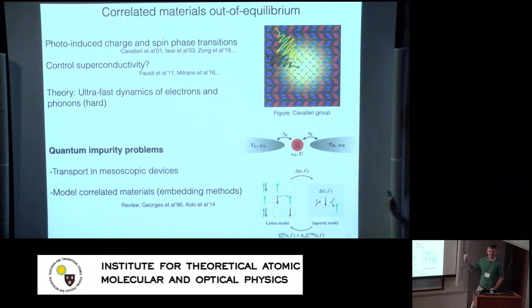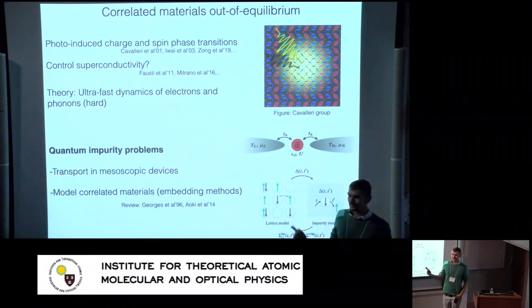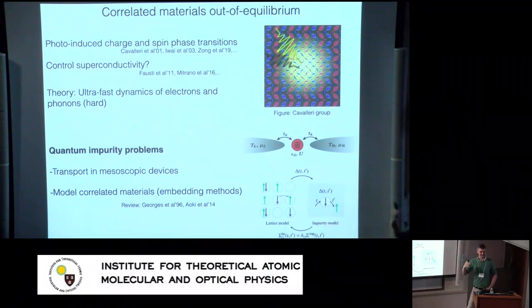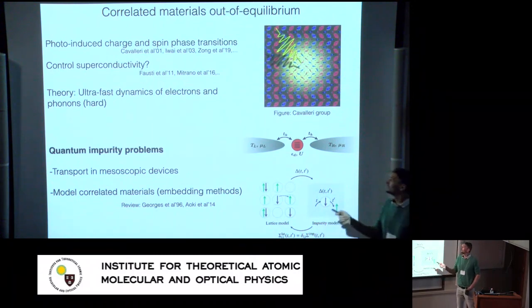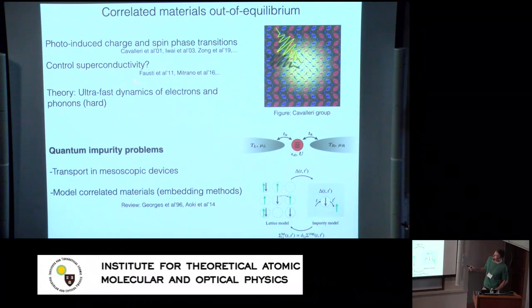Theoretically, especially if you try to describe this microscopically, these are extremely hard problems, even much harder than a quantum quench, as I previously mentioned, because here you have to deal with this ultra-fast dynamics of coupled electrons and phonons.